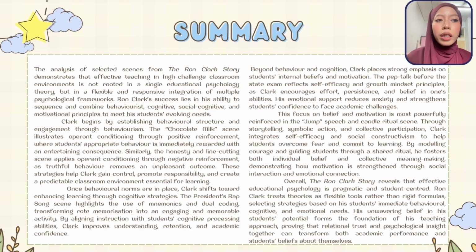Similarly, the honesty and line-cutting scenes apply operant conditioning through negative reinforcement, as truthful behavior removes an unpleasant outcome. These strategies help Clark gain control, promote responsibility, and create a predictable classroom environment essential for learning.